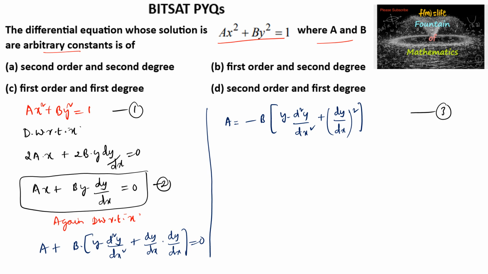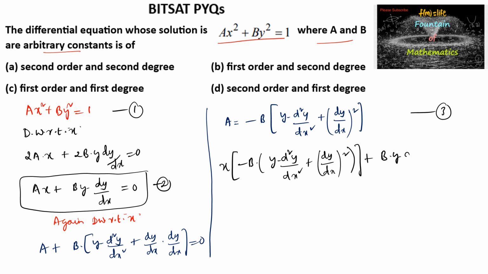in the second equation. So we get x times of minus b into y into d square y by dx square plus dy by dx whole square plus b into y into dy by dx is equal to 0.